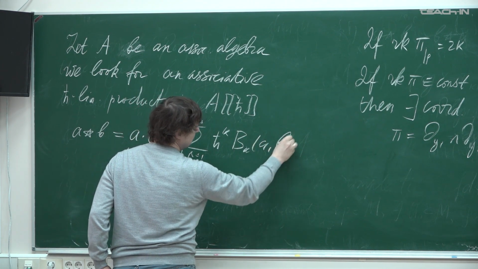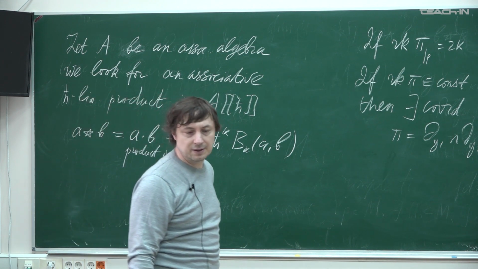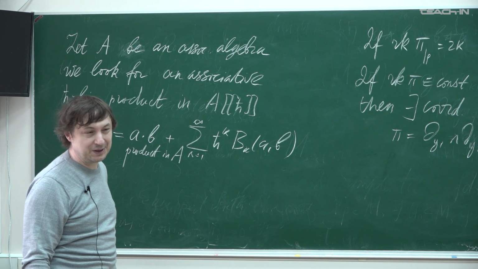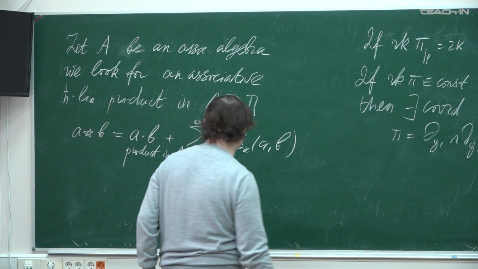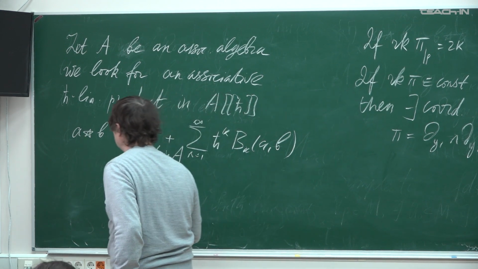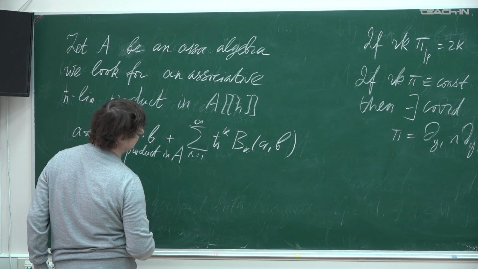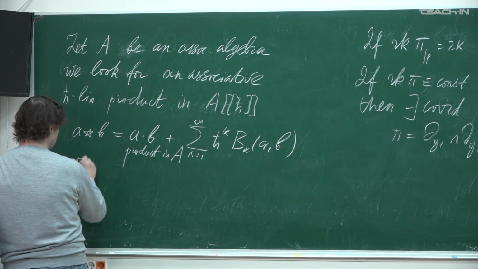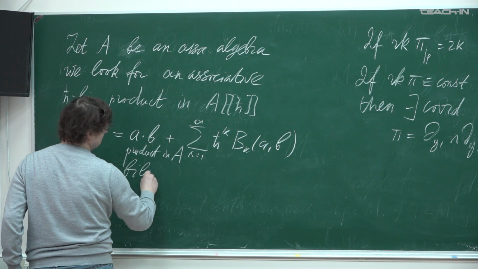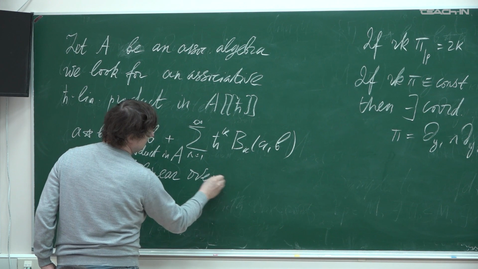And these bk's are not, well, differential operators. Why not differential operators? Because we don't know anything about bk. We don't know anything about A, so we cannot say what type of operators they are. The only thing we can assume is that bk are bilinear over the ground ring.